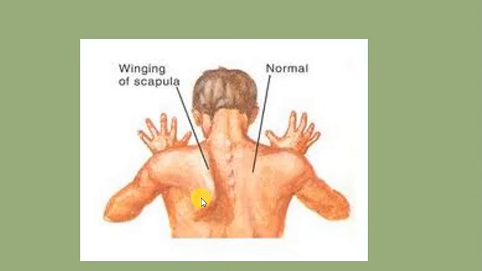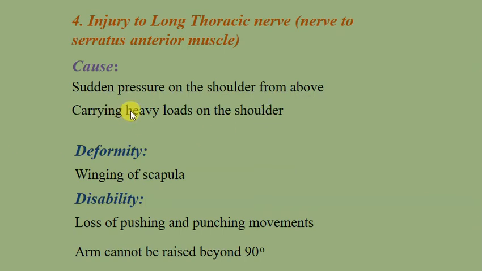In the exam, you will not meet a question saying that injury to the long thoracic nerve will lead to, no, because we already know this affects porters. So you may be told that a man carrying heavy loads complained of pain, or was found to have a winged scapula, or complained of loss of punching, and then asked what nerve is probably injured, or what muscle is injured or paralyzed, or what is the feature of the disability, or what is the clinical presentation of the deformity.